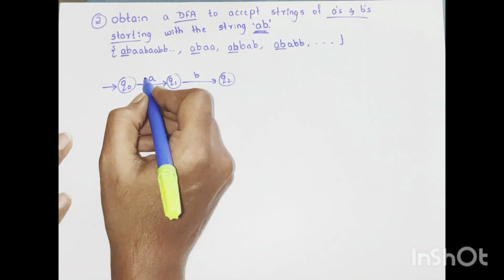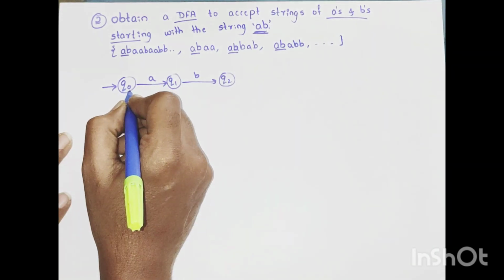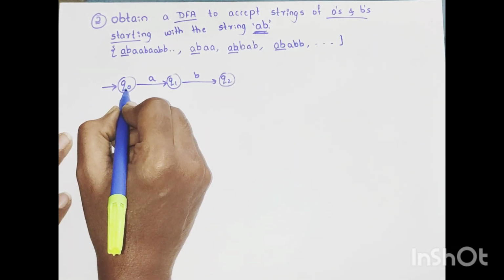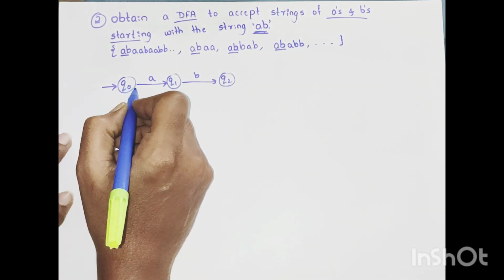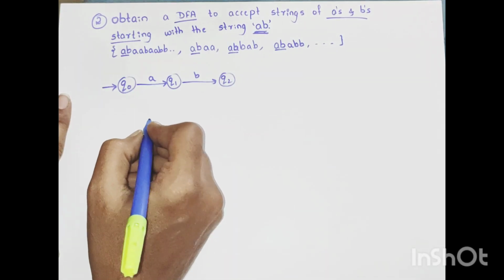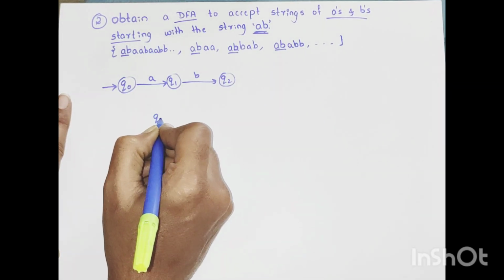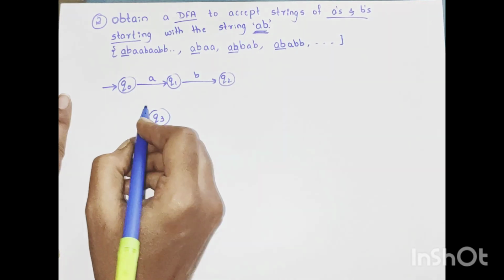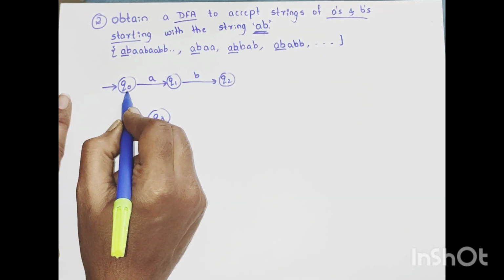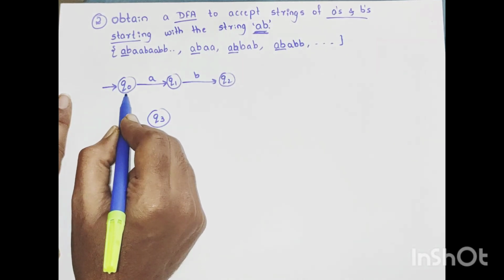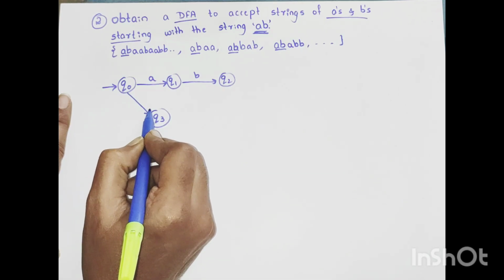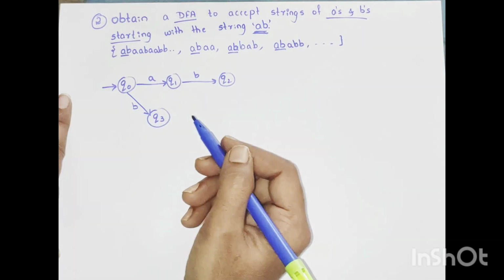Now what happens if B comes in the Q0 state? Then I will introduce one reject state called Q3, and if B comes to Q0, I will make the machine move to this Q3 state.